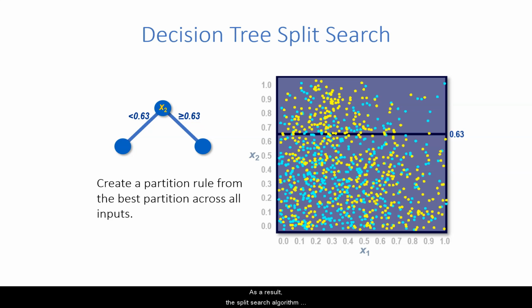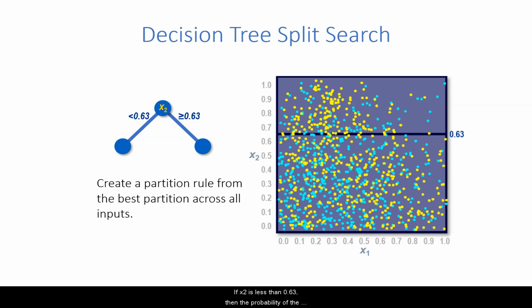As a result, the split search algorithm constructs the root node for the classification tree as you see in this slide. The root node inspects whether x2 is less than or greater than or equal to 0.63. The contingency table in the previous slide also provides us with the probability values for the two branches.